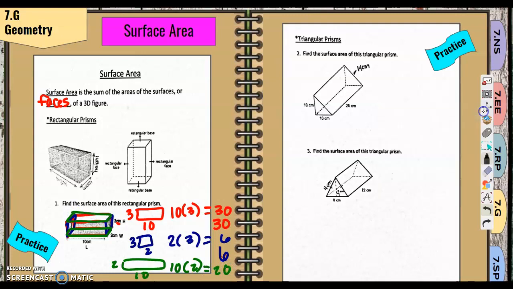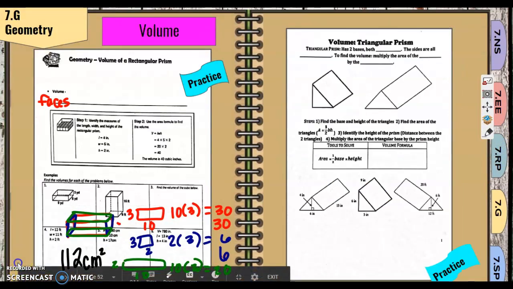So once we have found the area of all the faces of the 3D figure, then I'm going to add them all together, and that gives me 112 centimeters squared. Find the area of each face, and add them all together after you've found the area.